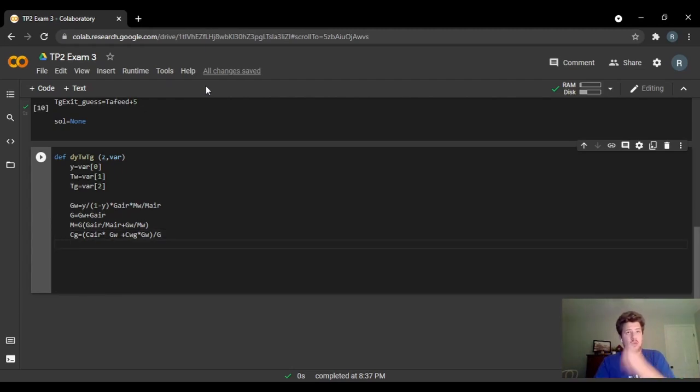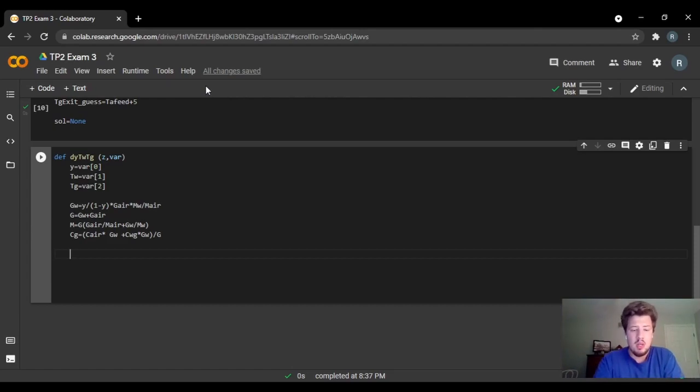And then we need to define our three differential equations, but in our equations we had solved for the molar flux.